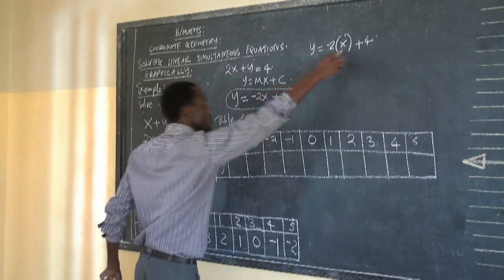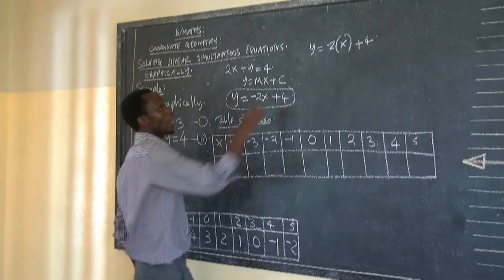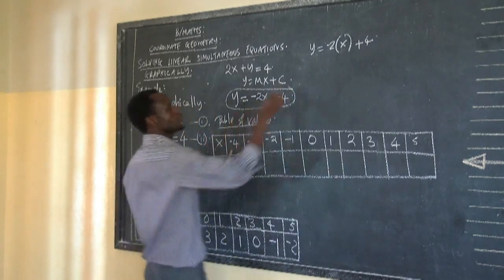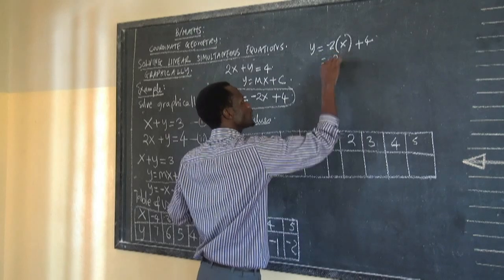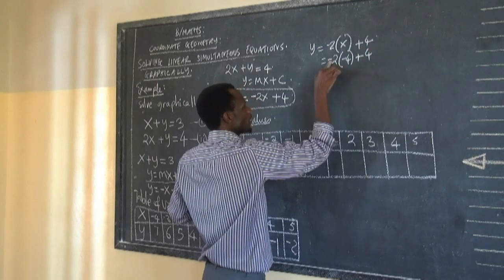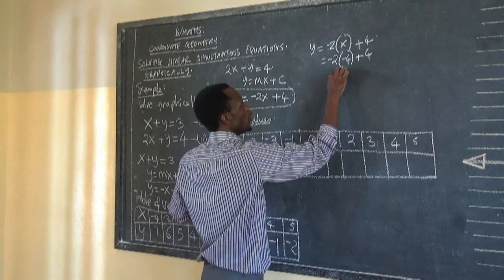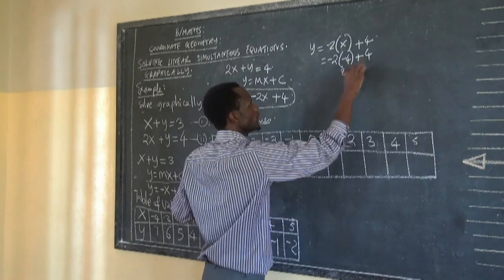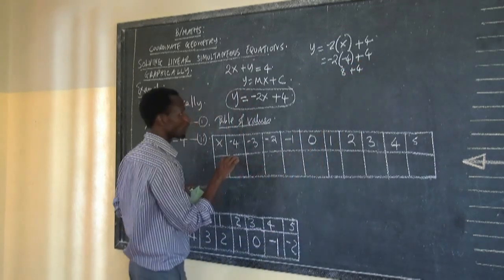Where there is x, you substitute the value of x. If the value of x is negative 4, you have negative 2 in bracket, negative 4, then plus 4. Negative 2 times negative 4 is positive 8, plus 4. Now here it is 12.